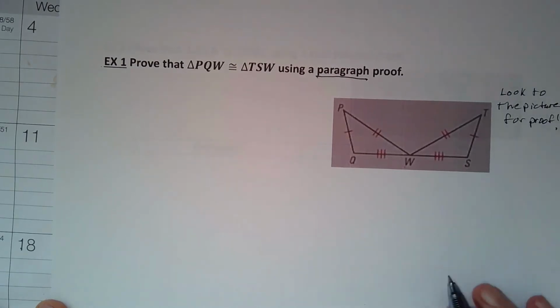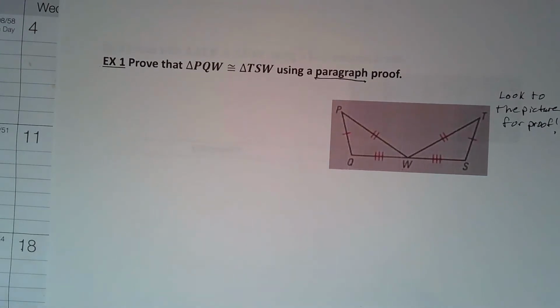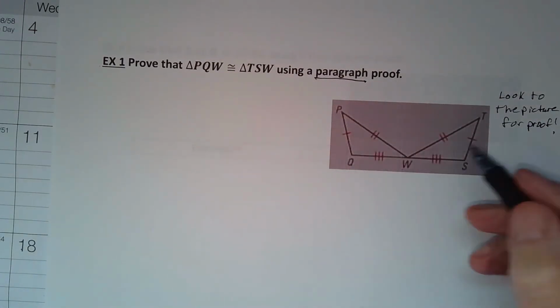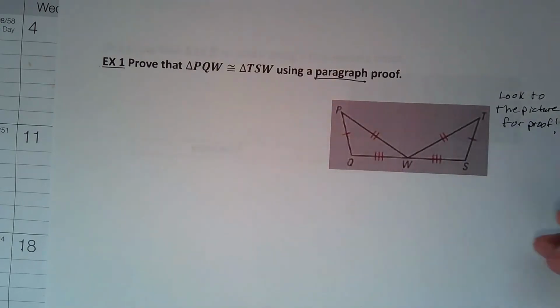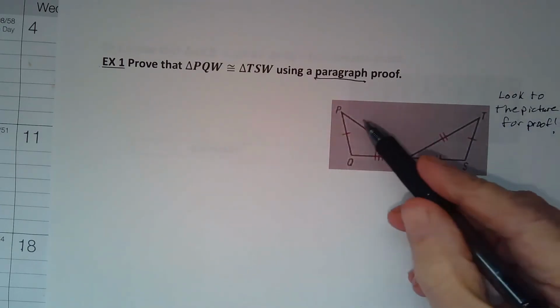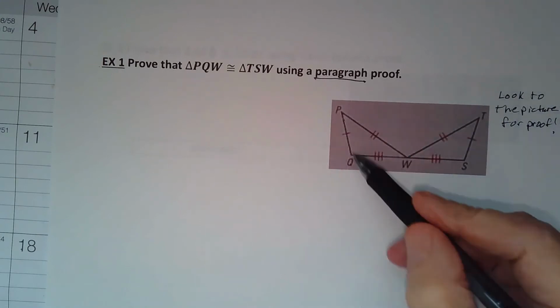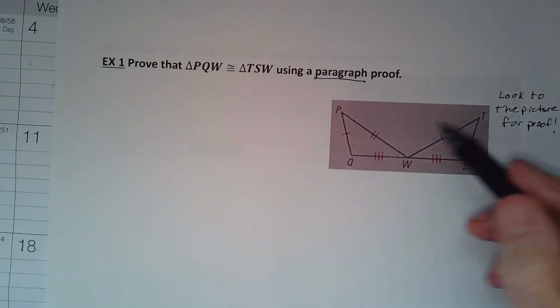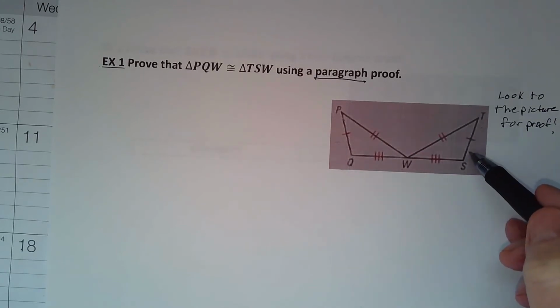Got to do that. So you draw this stuff out. You make sure you make note of this, and you draw all the information off of the picture into your proof. So you'll notice that PQ here has one tick mark, line segment PQ. So does TS. So those two line segments are congruent.